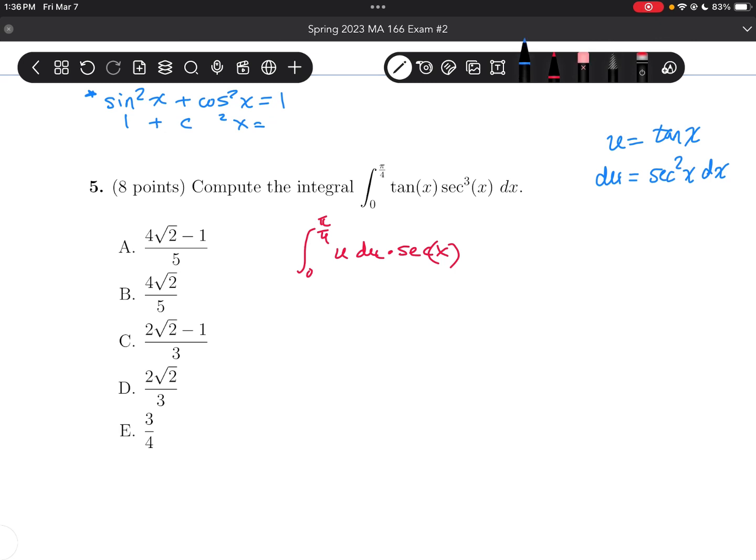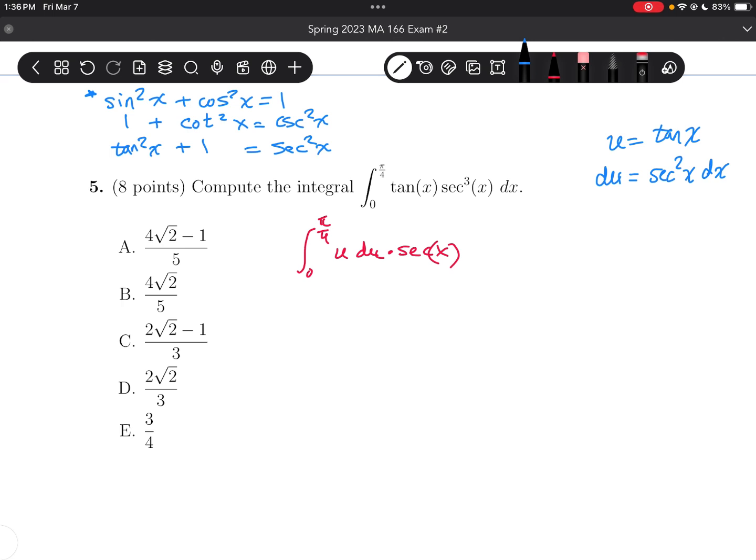Let me start over. If I divide by sine squared x, I get 1 plus cotangent x squared equals cosecant x squared. And then if I divide by cosine squared x, I get tangent x squared plus 1 is equal to secant x squared.